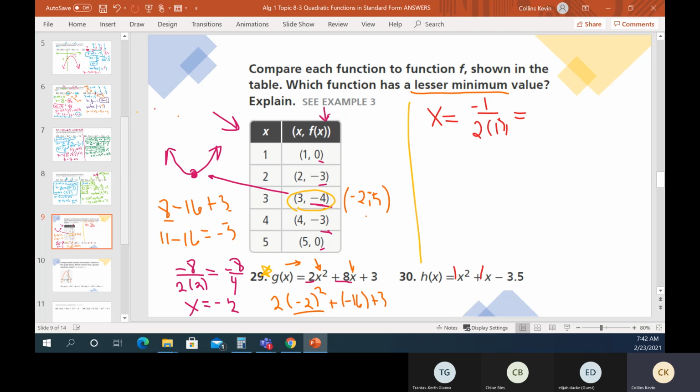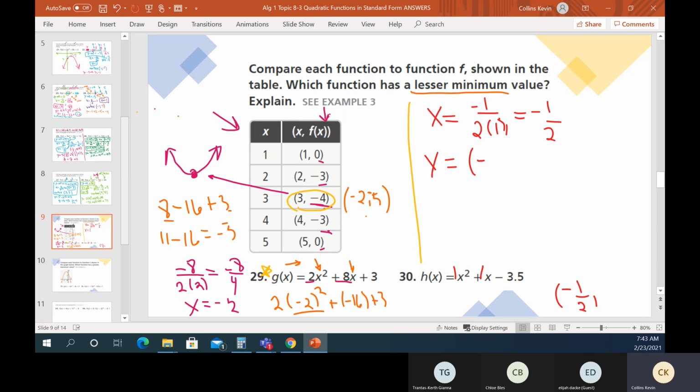So unfortunately, that gives us a -1/2. So now we're going to plug that in, which as we know is no fun. All right, so to figure out y, we know that our x value is -1/2. We don't care about the x value because we're interested in the y value. That tells you the minimum of the parabola.